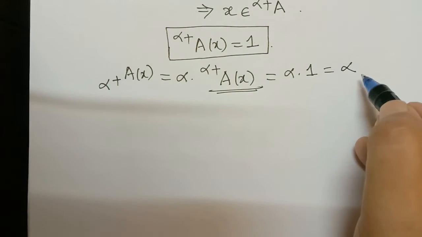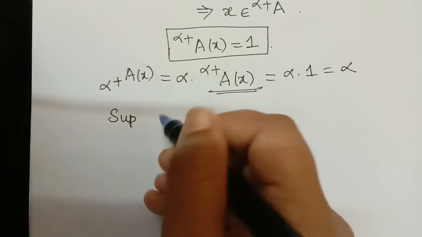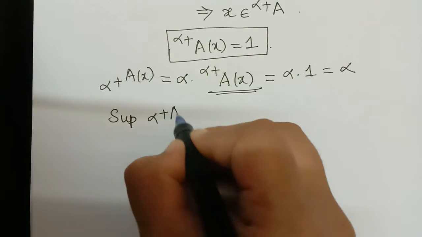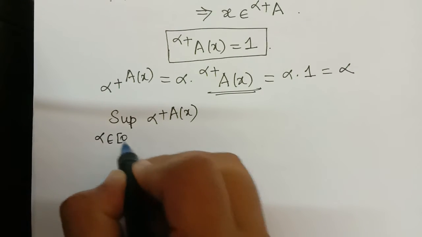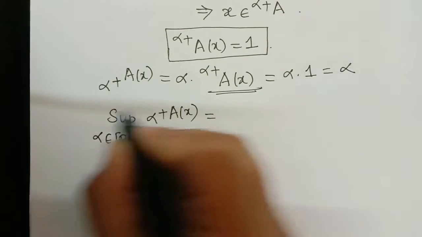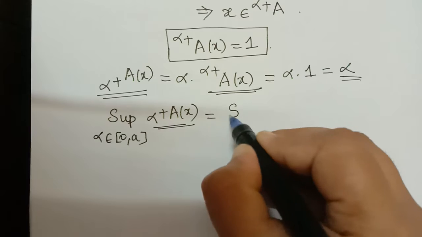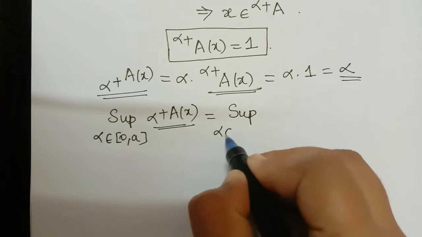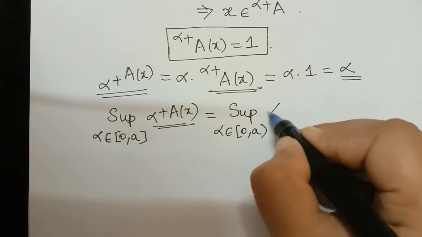Therefore the supremum of the strong alpha cut for alpha an element of closed interval 0 comma a is equal to, substituting alpha in this place, the supremum of alpha for alpha an element of closed interval 0 comma open interval a.